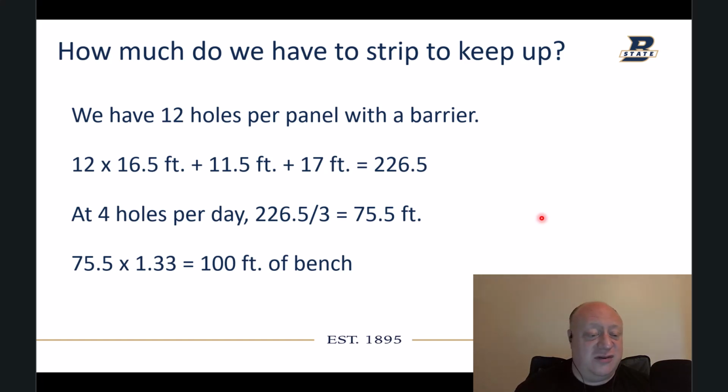And at 4 holes a day, we divide that by 3, and we're looking at about 75.5 feet. I also added in a factor of a third to account for portions of the bench that you have to mine where you're not going to be operating the highwall miner. And we get about 100 feet of bench that we have to advance daily to stay ahead, right?